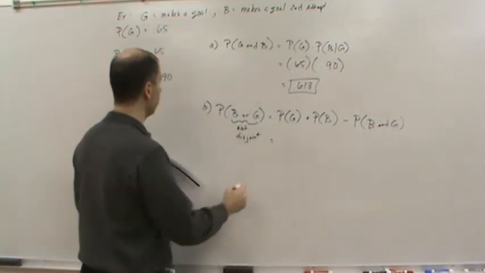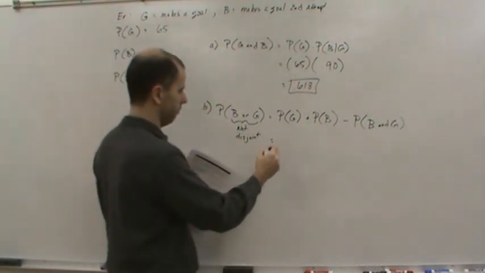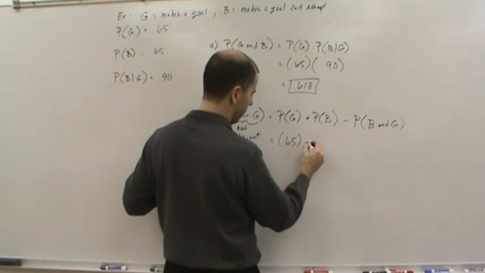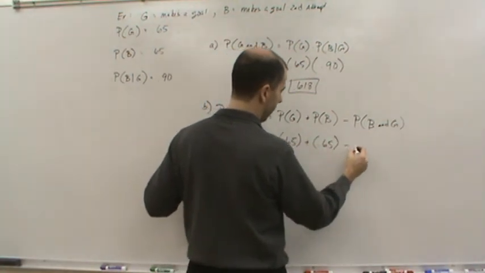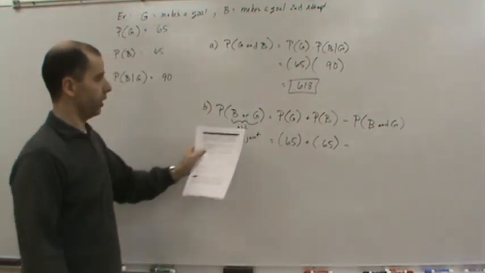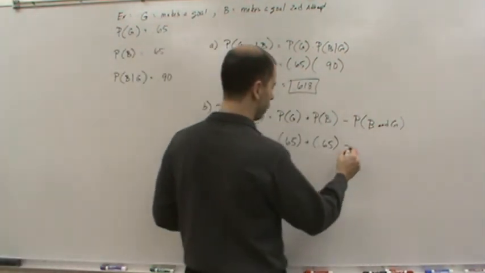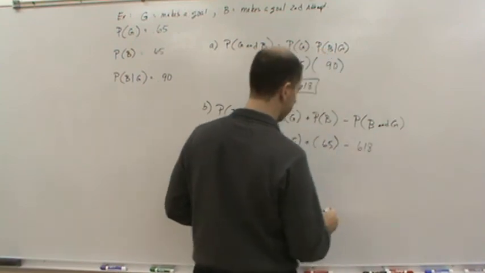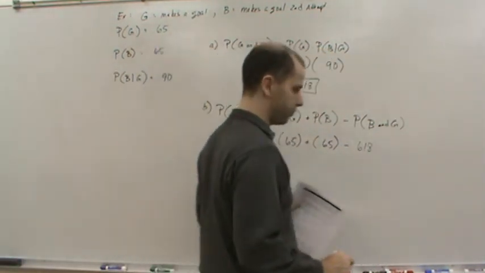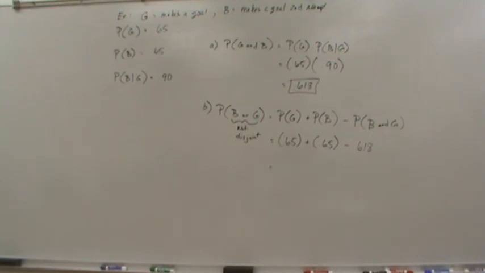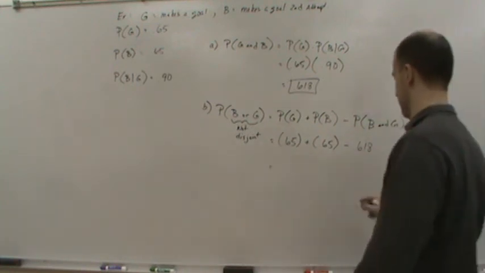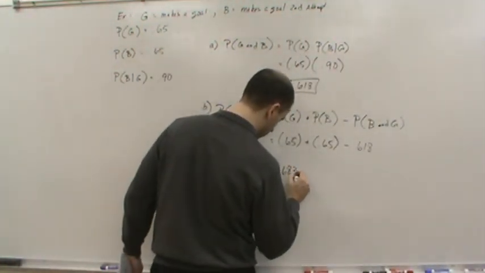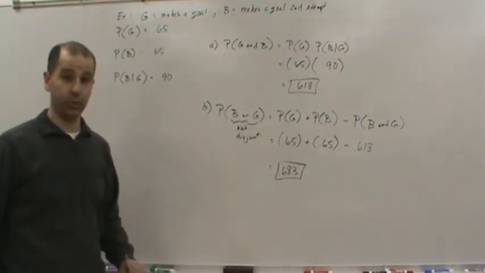Well, what's the probability of G? We have all the information here. 0.65 plus 0.65 minus the probability that they both occur, which we calculated in part A, and so that probability is 0.683.